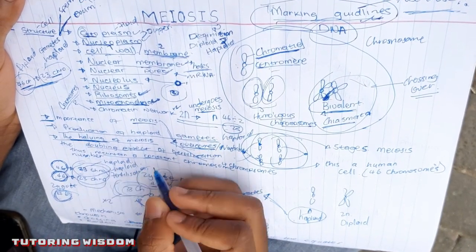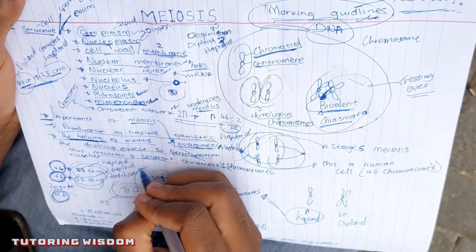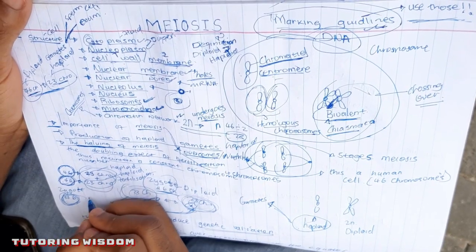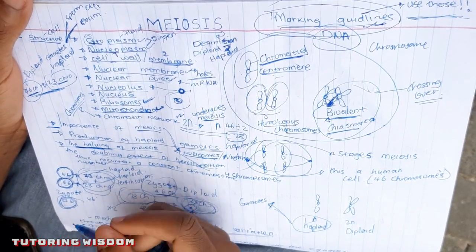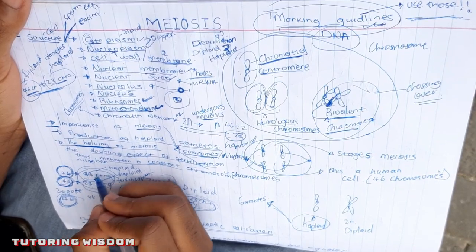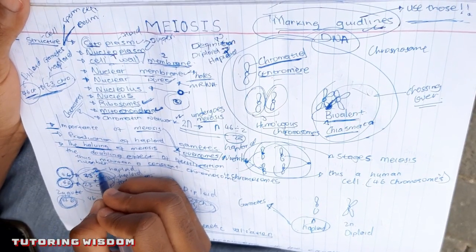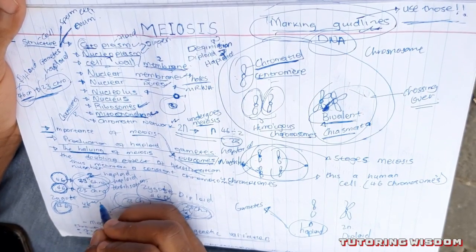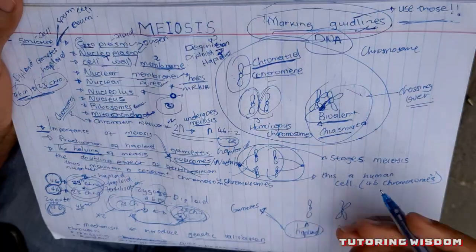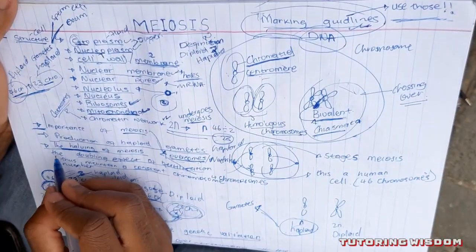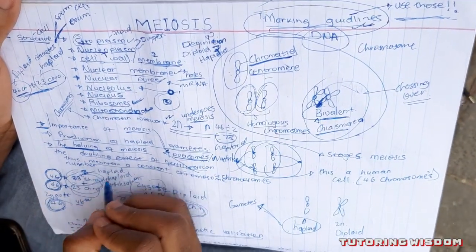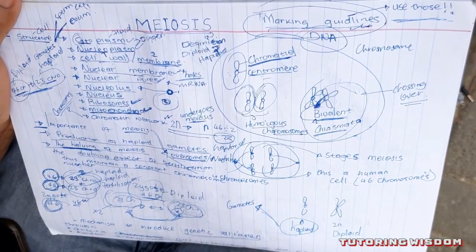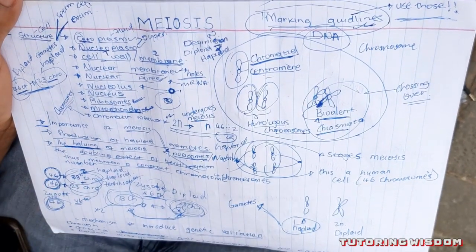This is where the doubling effect takes place: 23 plus 23 equals 46 chromosomes. 23 multiplied by 2, the doubling effect, equals 46. This is the normal human chromosome number.